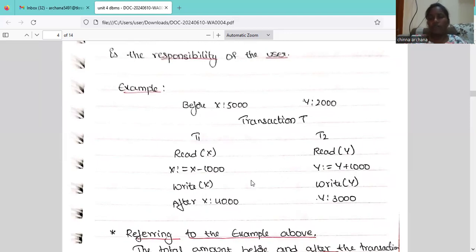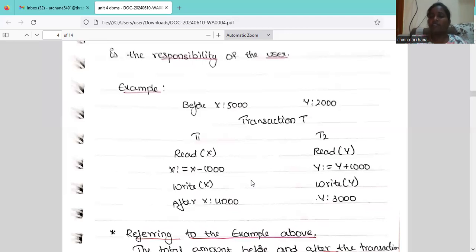Whatever money I want to debit or credit, it is within these two accounts. See, if X is reduced by 2,000, it has to credit 2,000 to Y's account. Or if Y is debited 1,000 rupees from its account, it has to be credited to X's account. If not, the consistency will be lost.